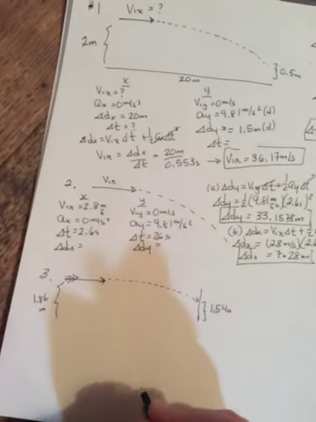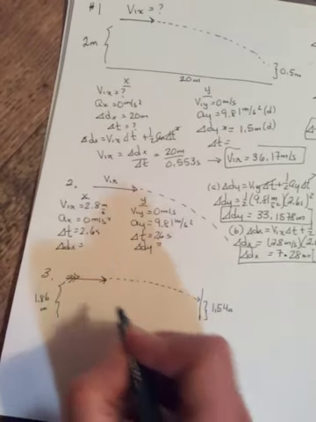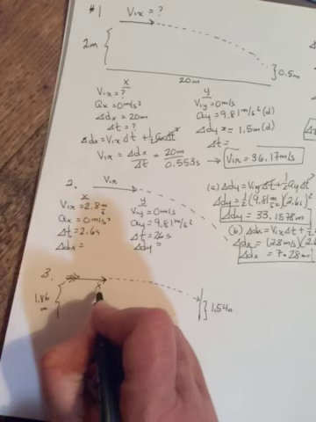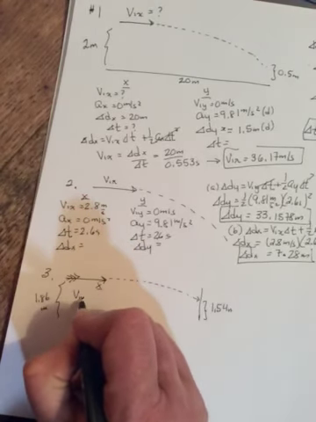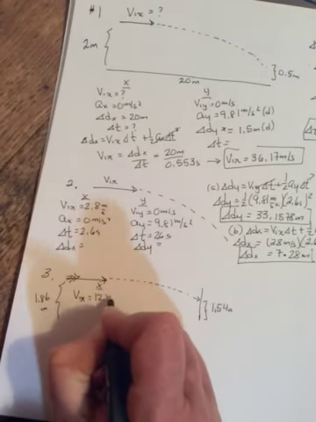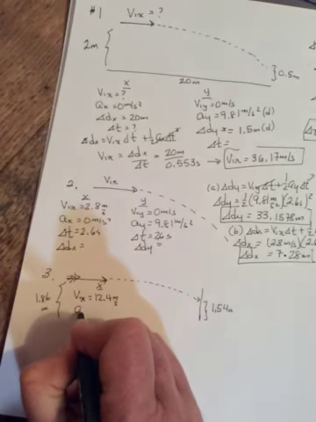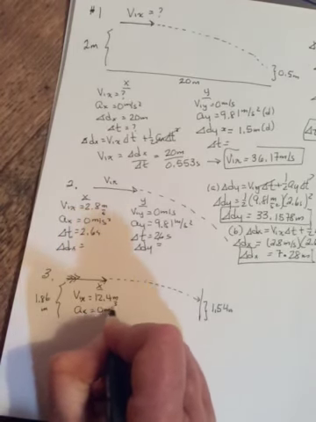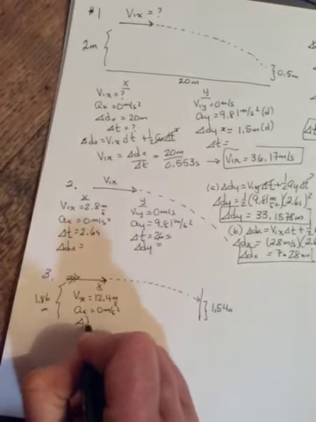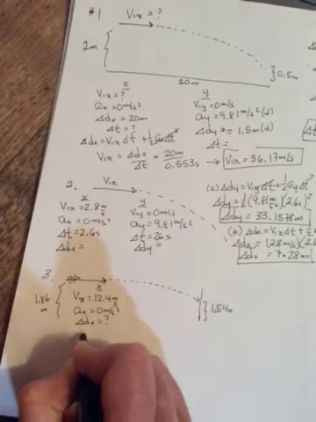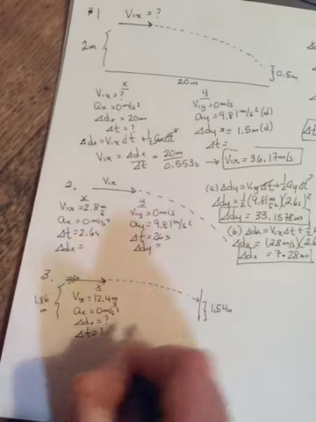And the question wants to know how far away is the player. Okay, so in the x direction, it tells us VIX is 12.4 meters per second. And we know AX is 0. We're looking for delta dx, and we don't know delta t.